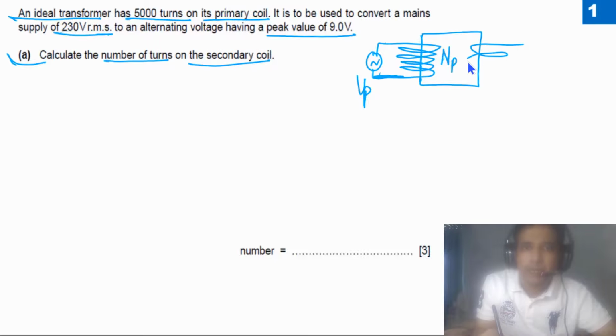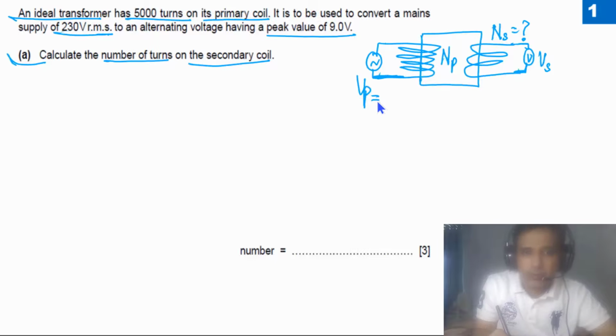And here we have the secondary coil. We can also connect a voltmeter here. The reading on this voltmeter we can say is Vs, and the number of turns on the secondary coil is Ns. This is what we need to find out.